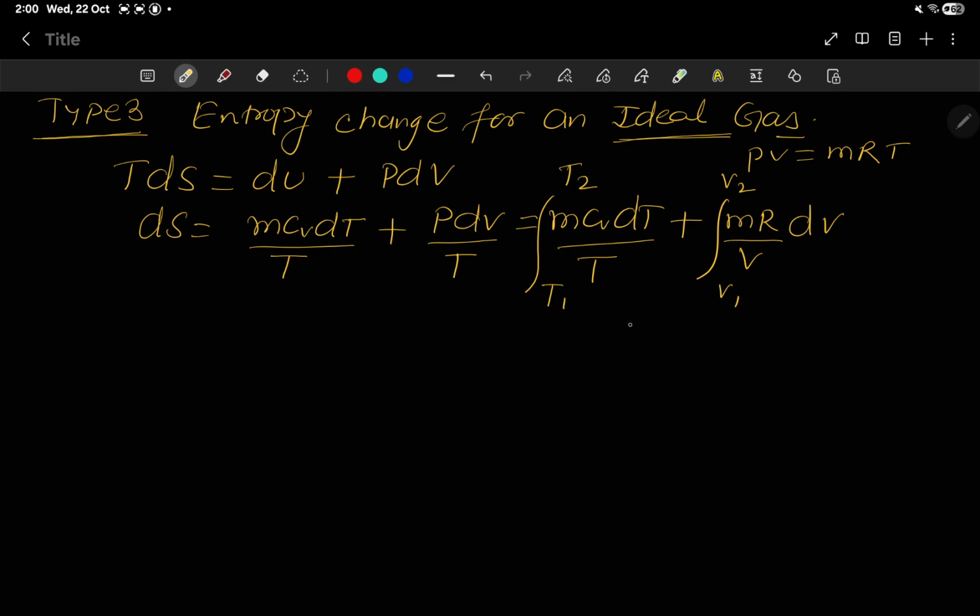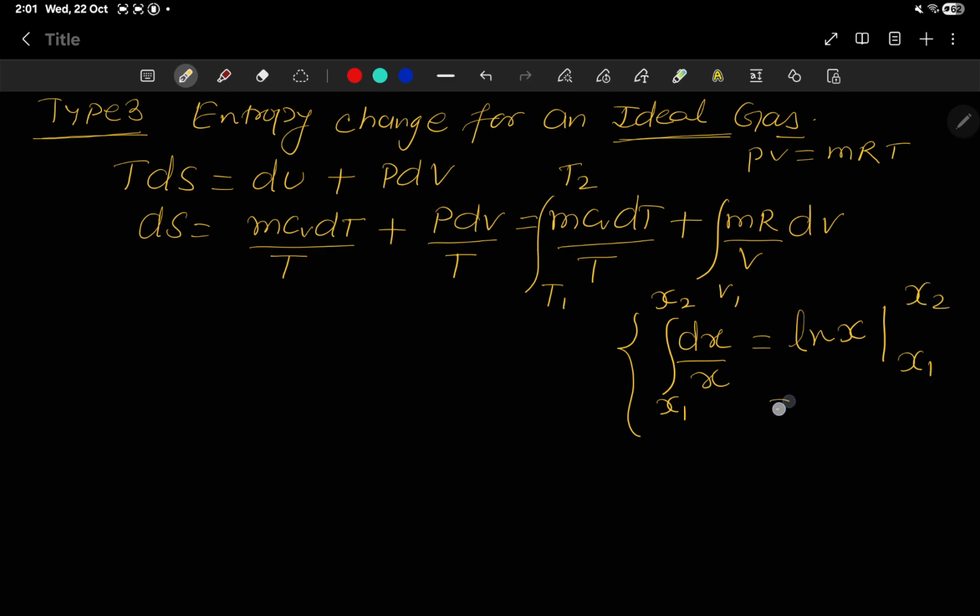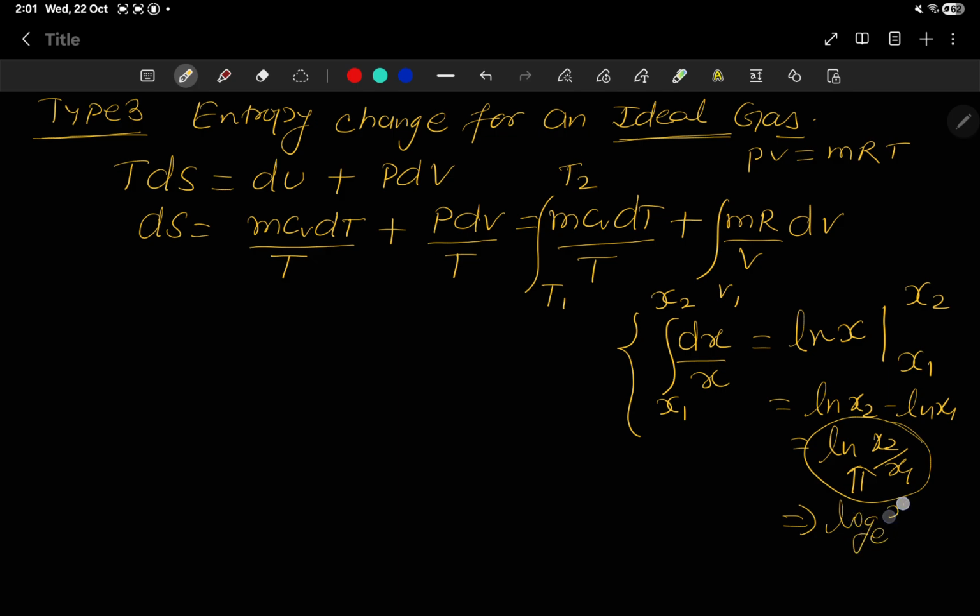For those students who have a problem in integration, the funda of integration is like this: if we have a function dx upon x integrating from x1 to x2, we will get ln x, then from x1 to x2 we get ln x2 minus ln x1, which is ln x2 by x1, log base e.